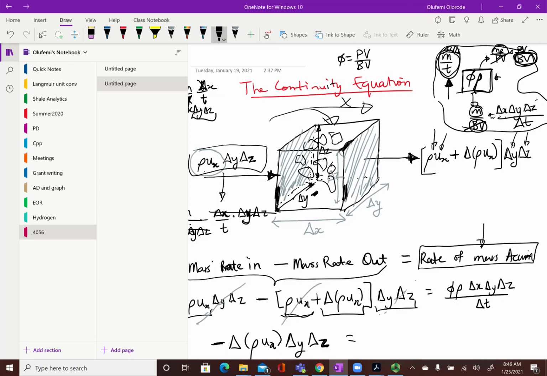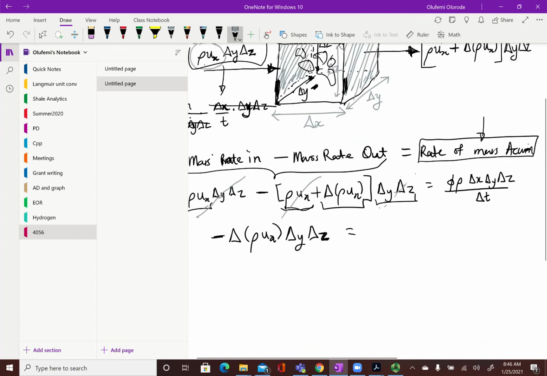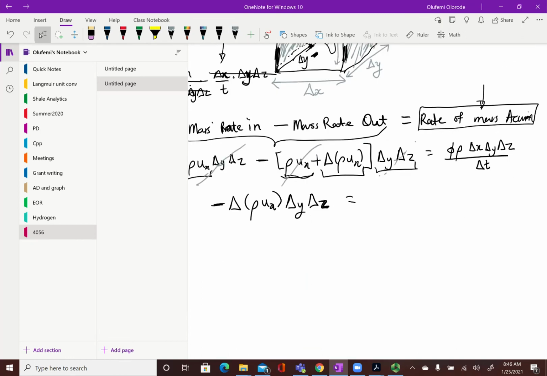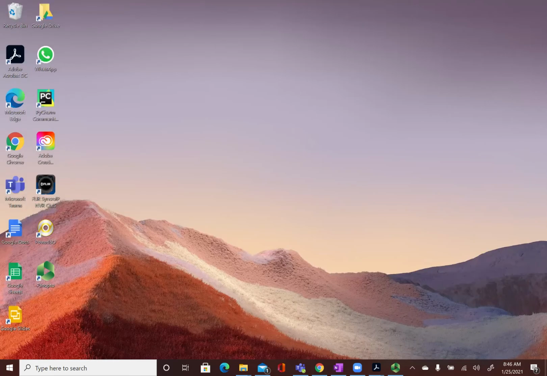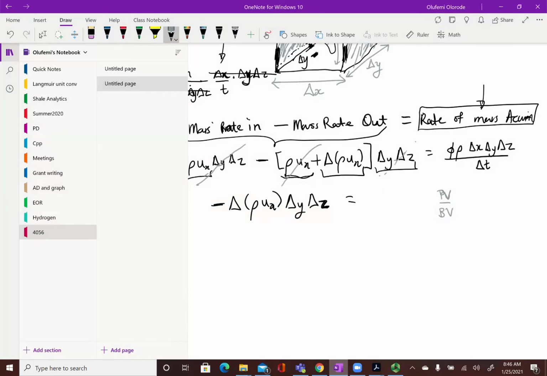Just because that part was rough, I'm going to do it once more so you see that this is mass per unit time. What's porosity? Pore volume per unit bulk volume. What's bulk volume? Let's open up bulk volume out. It's delta X, delta Y, delta Z, right? So that's your porosity. What's density? Mass of the fluid per unit pore volume, because fluid is stored in the pore spaces.